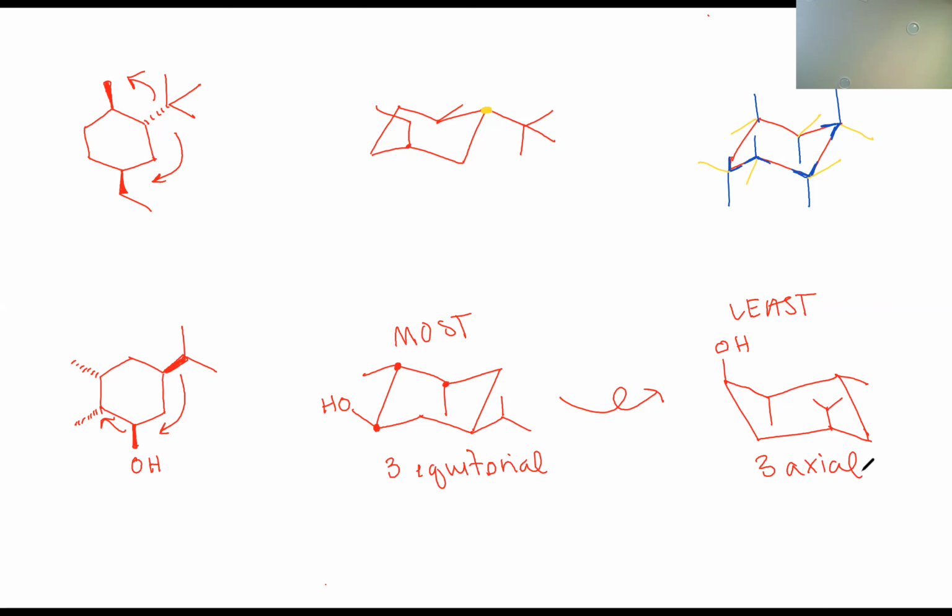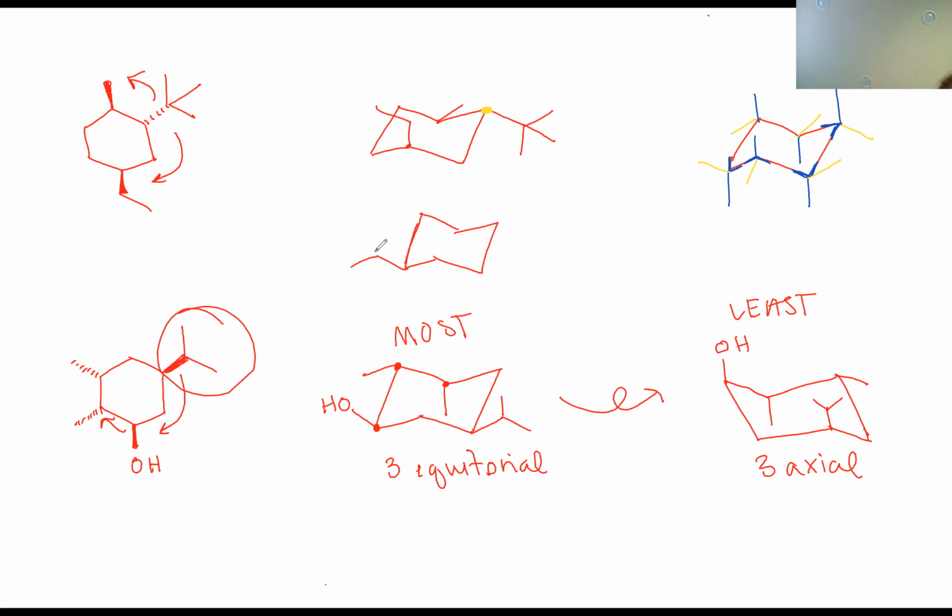No, you do not. So it depends on if they're up or down. I'm going to draw another chair and put them in slightly different positions, and you'll see what I mean, hopefully. The important thing was that our isopropyl group had to be pointing up, and we want it equatorial because this is our most stable.